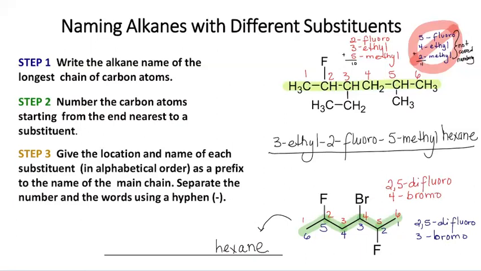So in this case, this numbering is not correct. So the blue numbering, but again, this is very special. This is only for when I have multiple substituents.